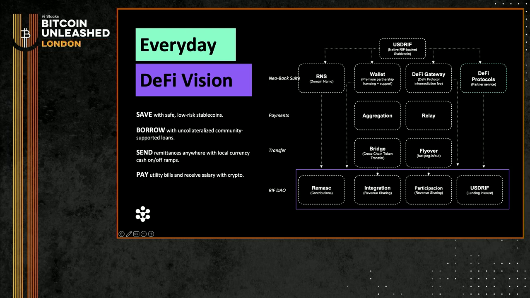On top, you have the USD RIF, which is our RIF-backed stablecoin. It's an ERC20 token. And then I'm going to highlight a couple of these. RIF Aggregation is our ZK rollup solution. It is heavily based on ZKSync. As you know, ZKSync runs on Ethereum, and since we are Ethereum compatible, it was very easy to port it to Rootstock.